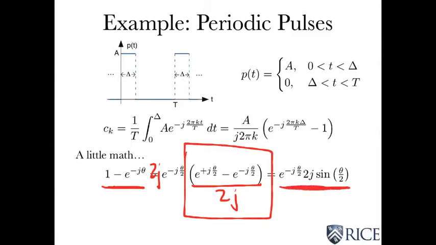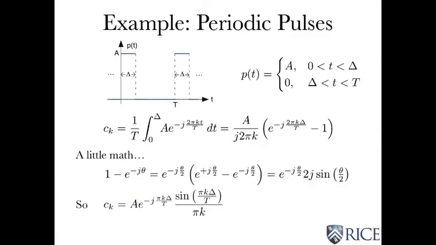And so there's a sine buried in there times a complex exponential, a phase term. So using that result, I can plug that in, simplify the expression, and here's what I get for a final answer for the Fourier coefficient of a periodic pulse train.